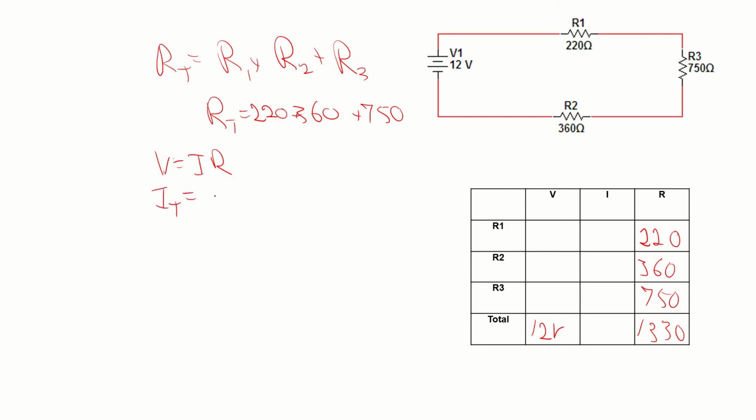I total equals V total over R total, which is 12 volts over 1330 ohms. 12 divided by 1330 gives me 0.009 amps, which is 9 milliamps.